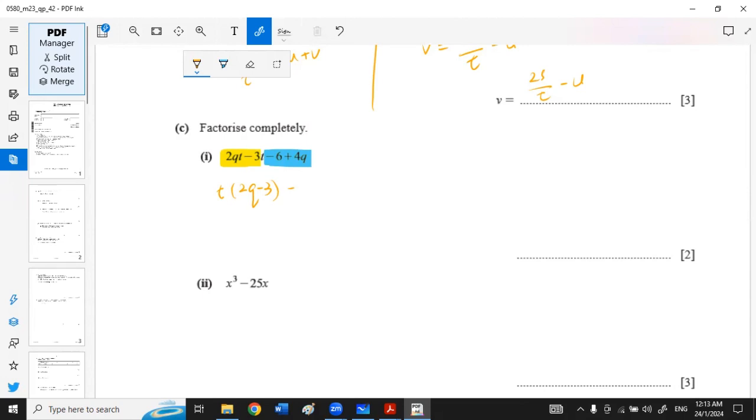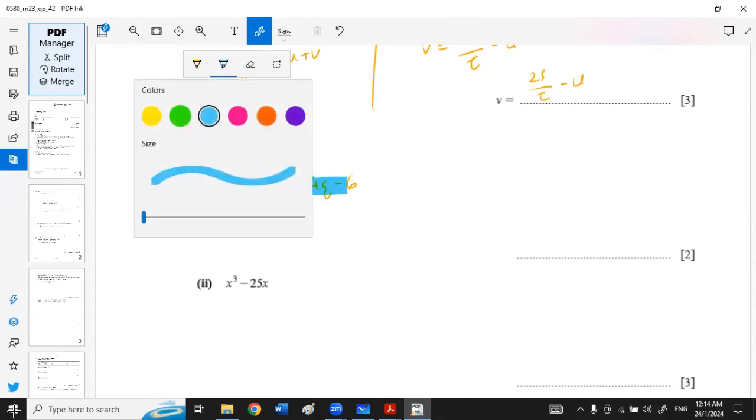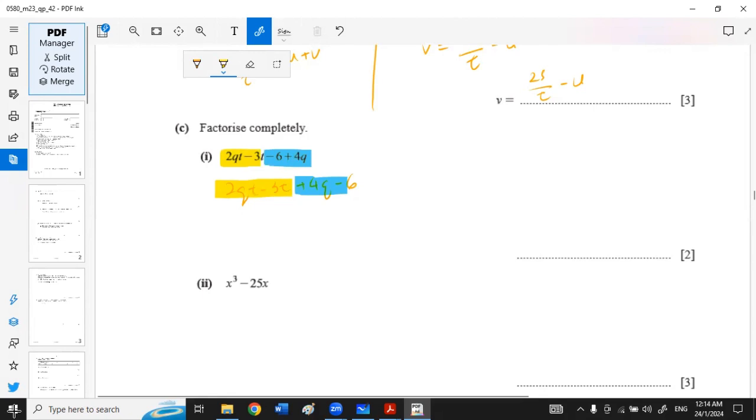You may want to rearrange first. So we rearrange first: 2qt minus 3t plus 4q minus 6. Okay, now it is easier, this and then this.